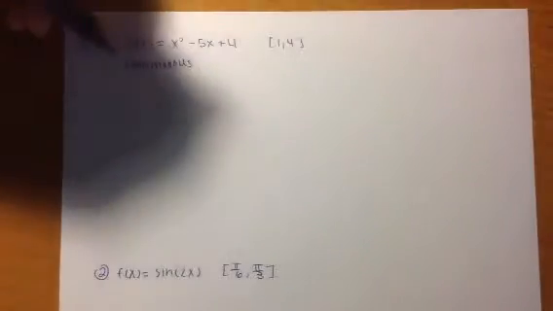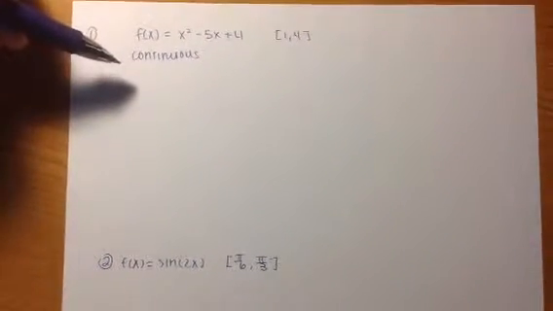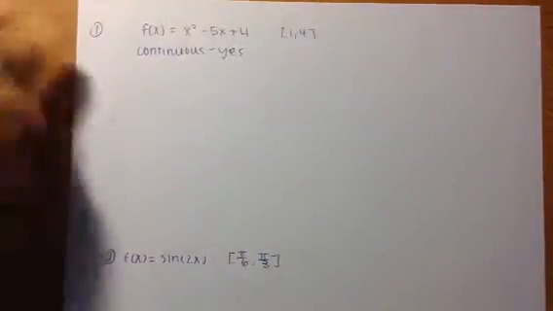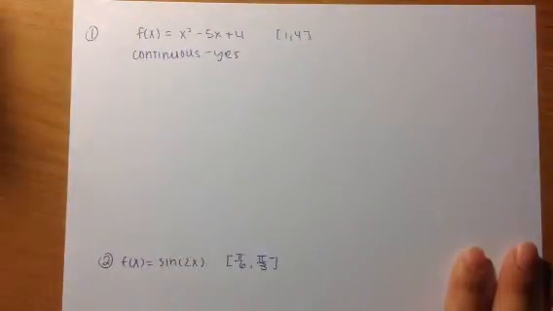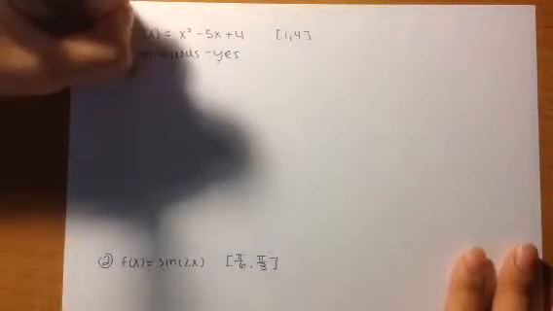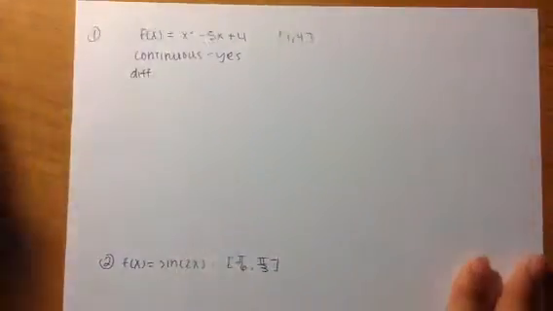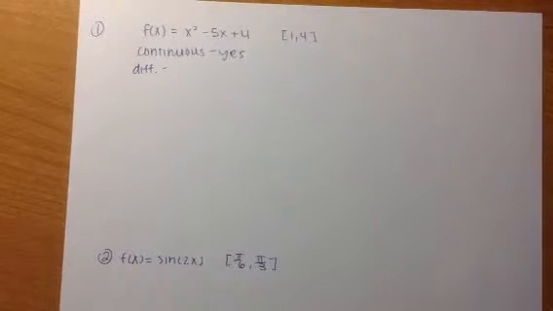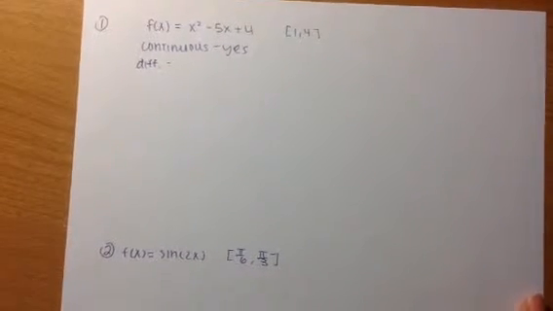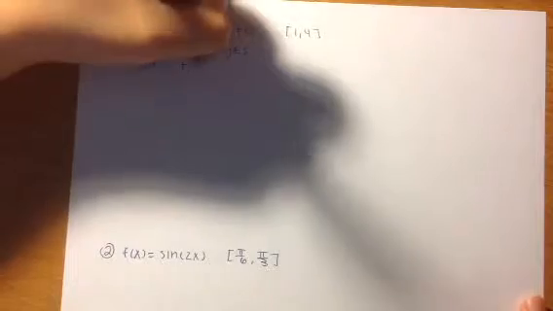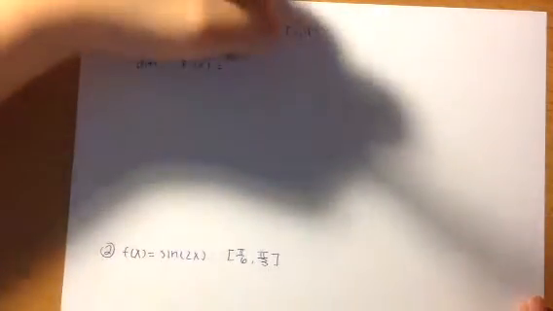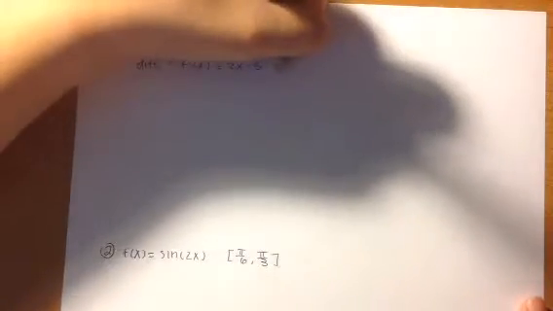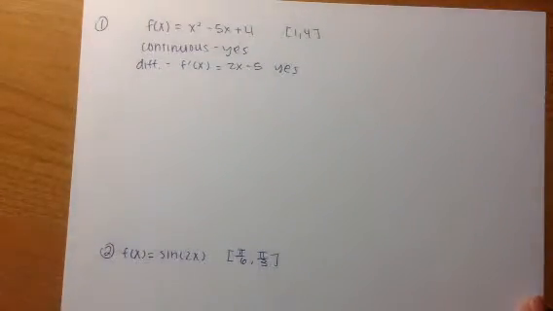I already started by saying it's continuous because it's a parabola, so it passes the continuity test, and now we're going to see if it's differentiable. To determine if it's differentiable is whether or not we can take the derivative of it. So we can: f prime of x is equal to 4x minus 5. So yes, it is differentiable.